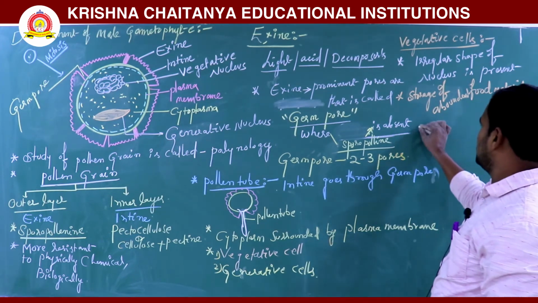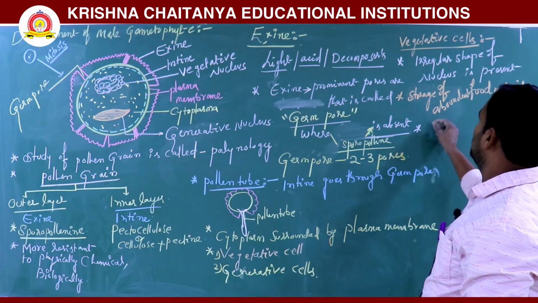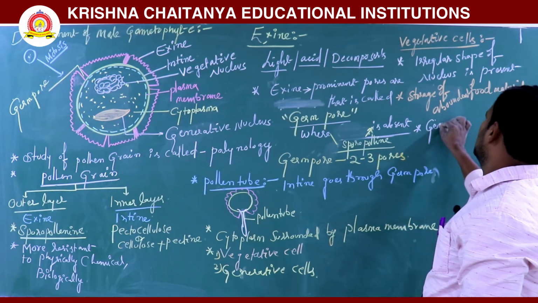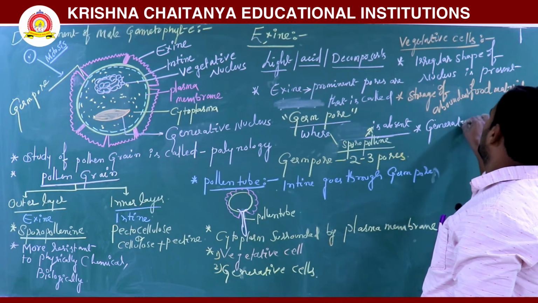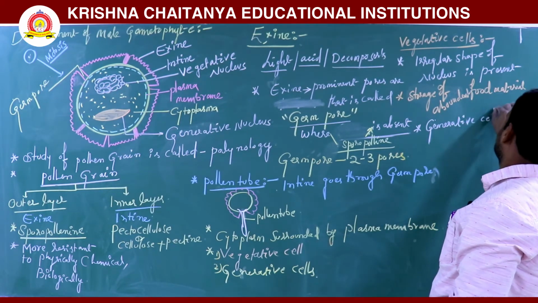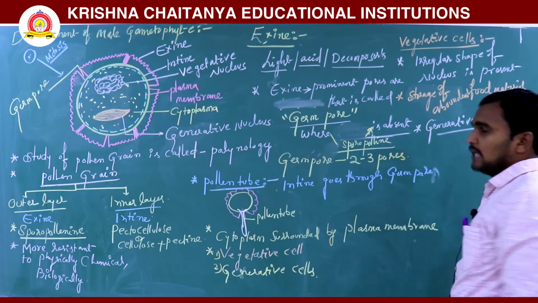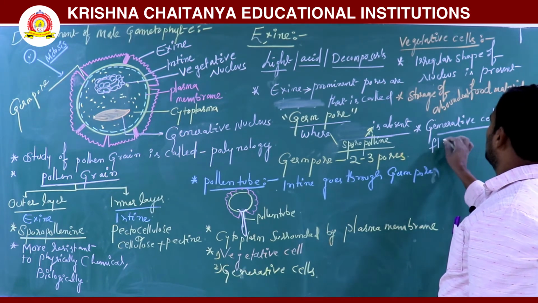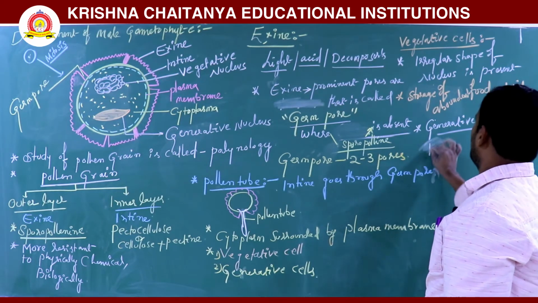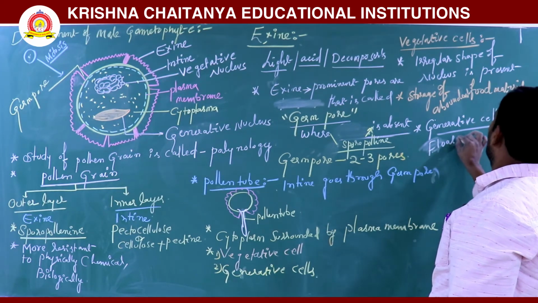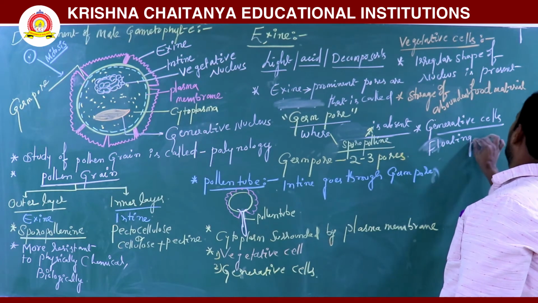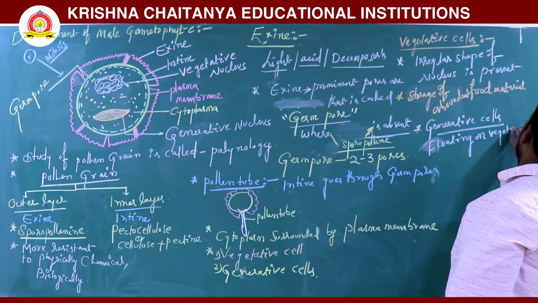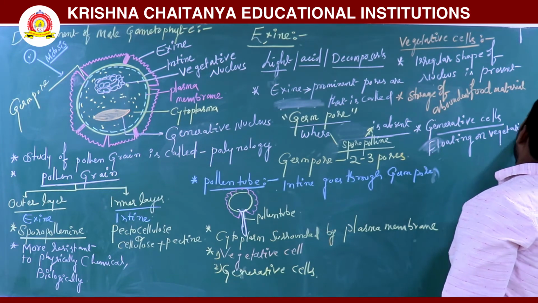So next we will discuss the generative cell. The generative cell is floating on the cytoplasm of the vegetative cell.